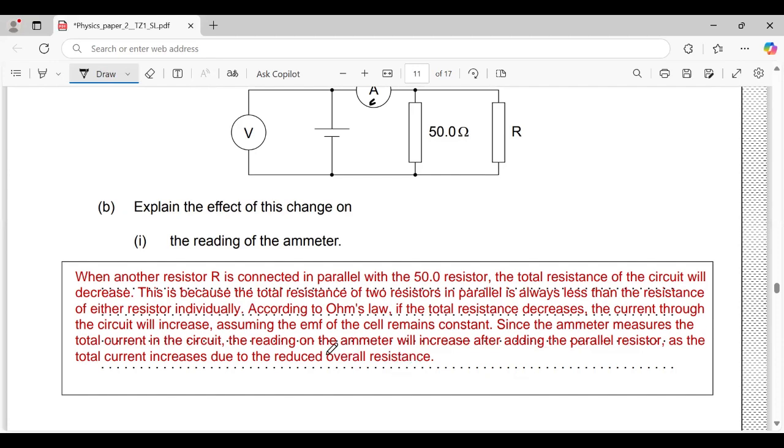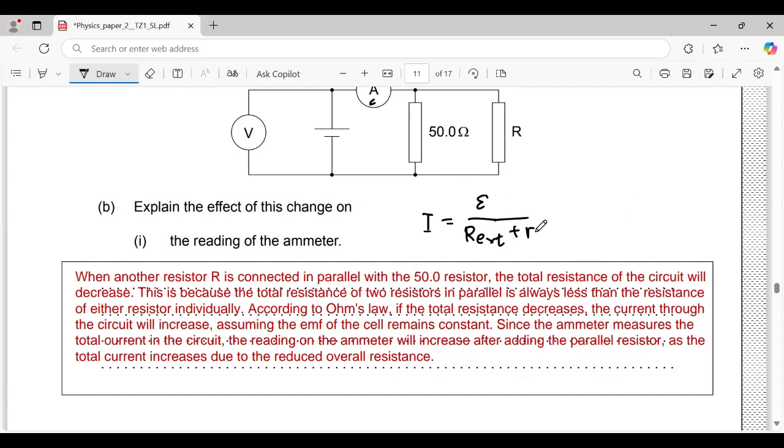I think this is clear. Yeah, because based on the formula, current equals EMF over external resistance plus internal resistance.